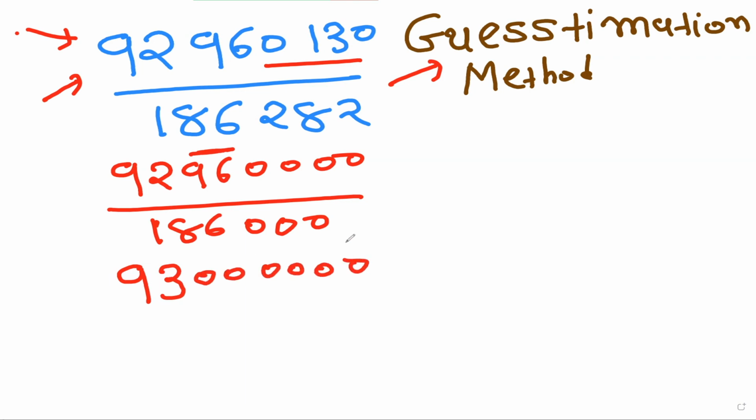But here, as you can see, guys, because this number is 9, I can easily round the 2 to 3. And now in the bottom, I have got 186,000. Whenever I'm rounding, there are a couple of numbers which are really key.